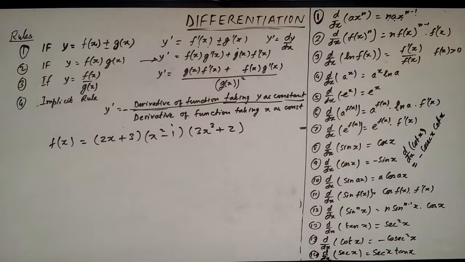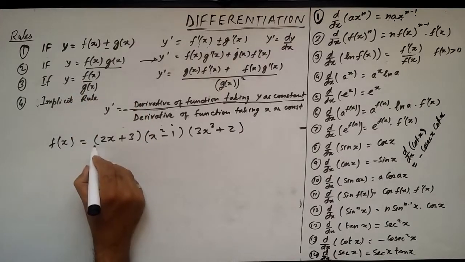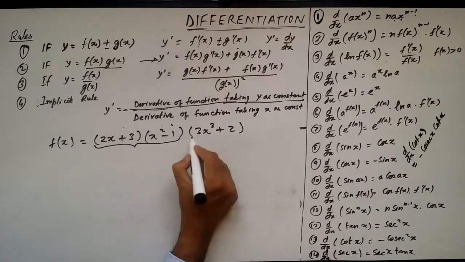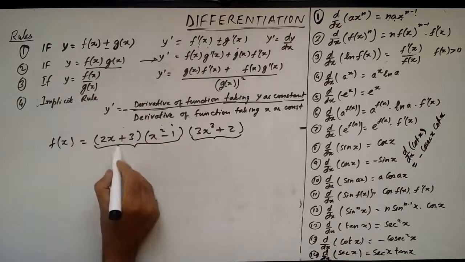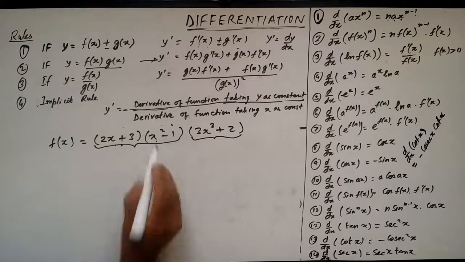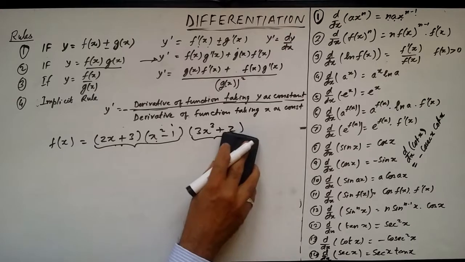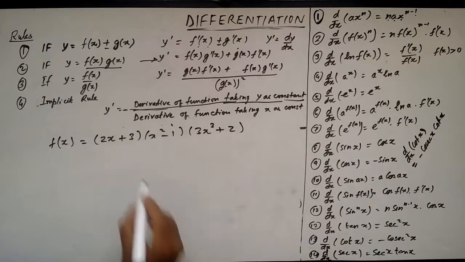Again, we can apply the product rule, taking this function as one of the functions and this as the second function. And after we apply the product rule, again we can apply the differentiation for these two functions separately. Rather than do that, which is quite a lengthy way, it's better to expand twice and find out the final differentiation.